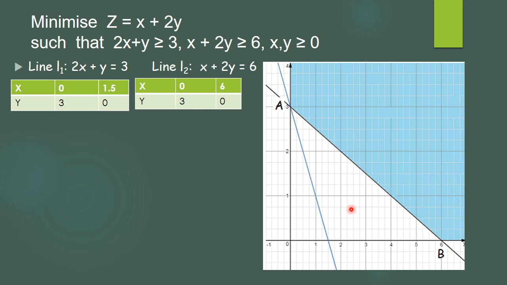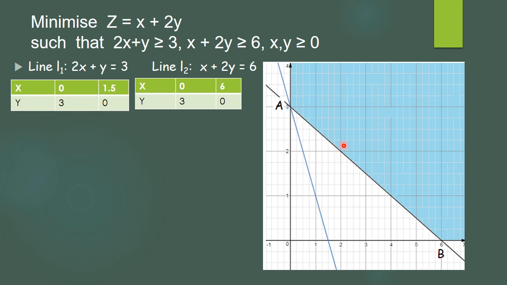The next line is 0 comma 3 and 6 comma 0. Again we will check the point 0 comma 0. 0 plus 0, 0 is not greater than 6, means we don't have to come towards the origin, it is away from the origin. From this line it requires above the line, which is a common region.